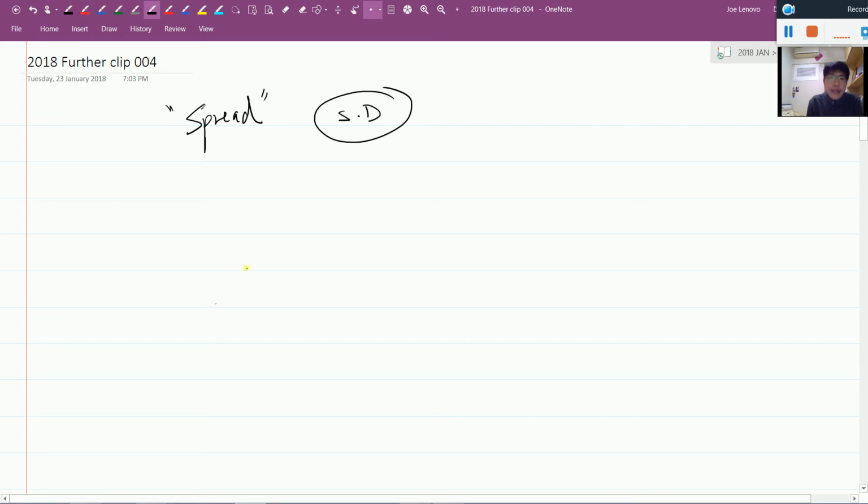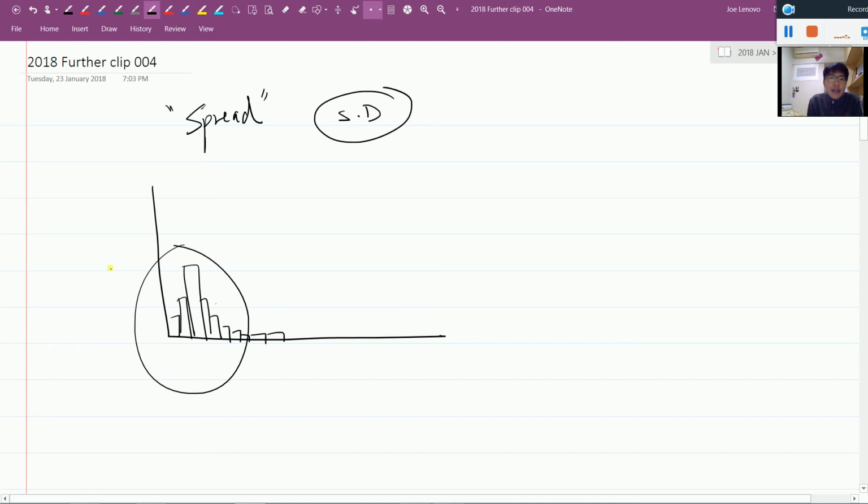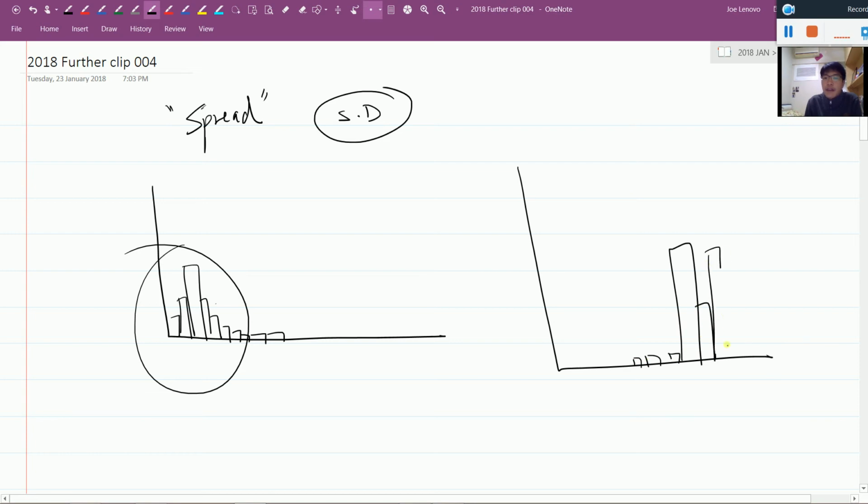And you can see sometimes numbers can be packed very close, clustered very close to the smaller values, or the opposite: you may have more data getting closer to the higher values.